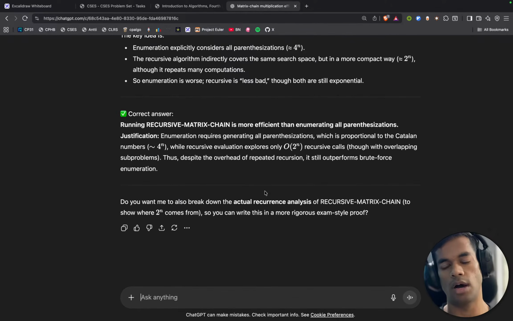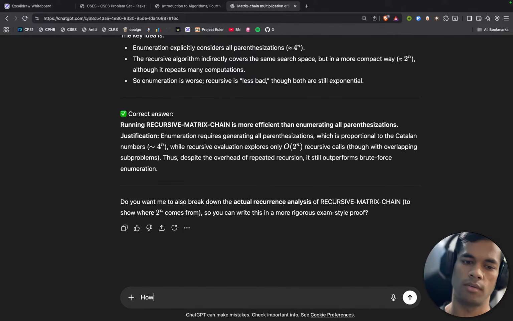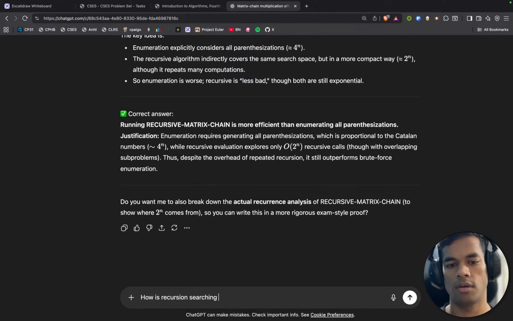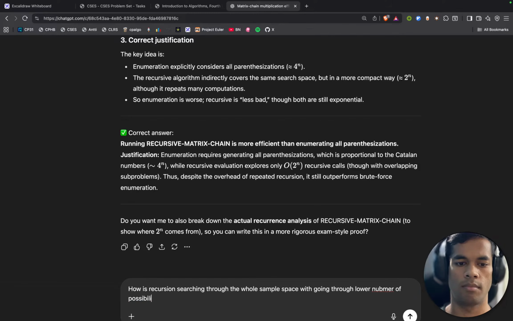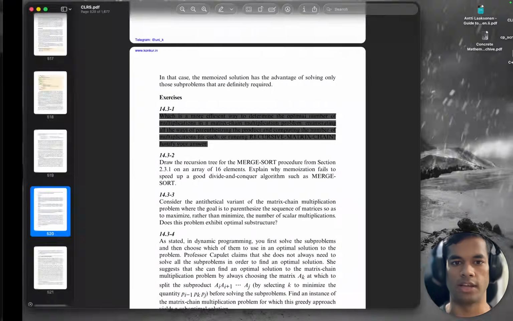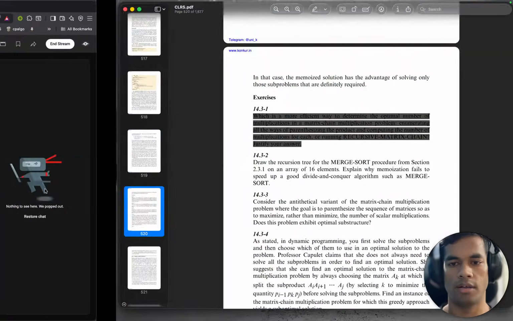But how is recursion searching through the whole sample space while going through a lower number of possibilities? That is kind of strange.